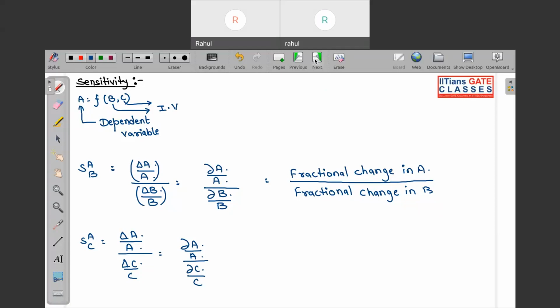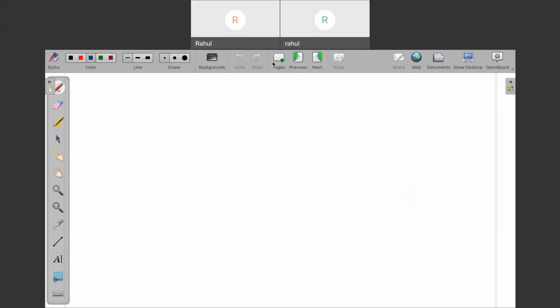Now what we know, the closed loop transfer function T(s) is equal to G(s) divided by 1 plus G(s) H(s).